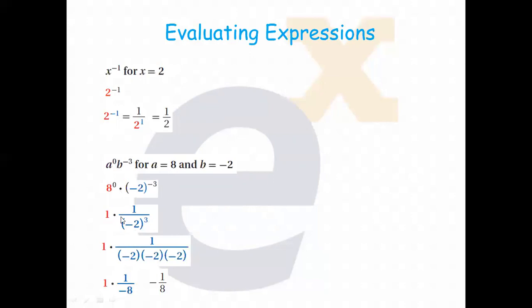When you simplify, according to the trick, we need to get a negative sign because the exponent is odd. So -2 multiplied by -2 multiplied by -2: 2 twos are 4, 4 twos are 8, but keep in mind that it has to be negative, so it's -1 over 8. Now 1 multiplied by -1 over 8 is going to give you -1 over 8.